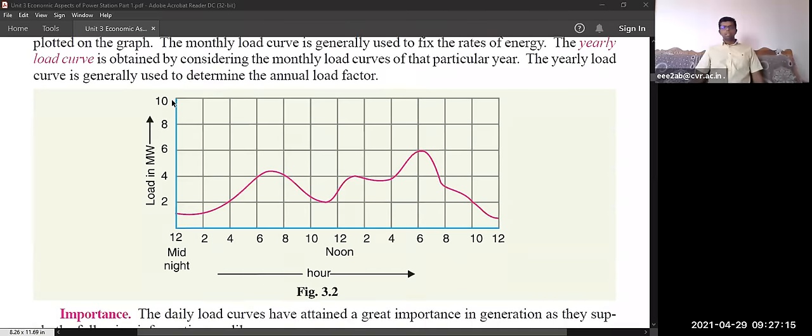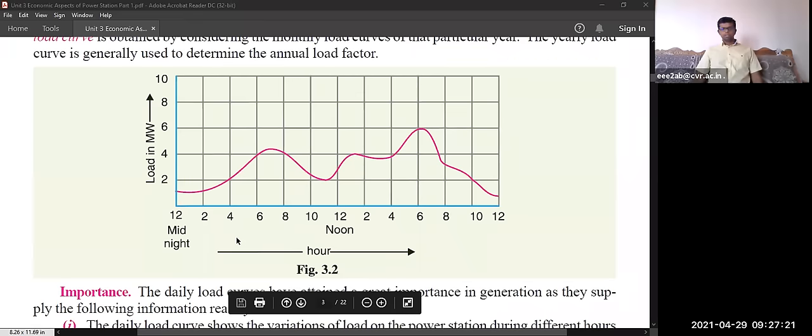So if you see here, this is one example of a load curve, wherein this axis is taken as load in megawatt, and this axis is taken as time in hours. So here from 12 midnight to again 12 midnight, the whole one day was taken.